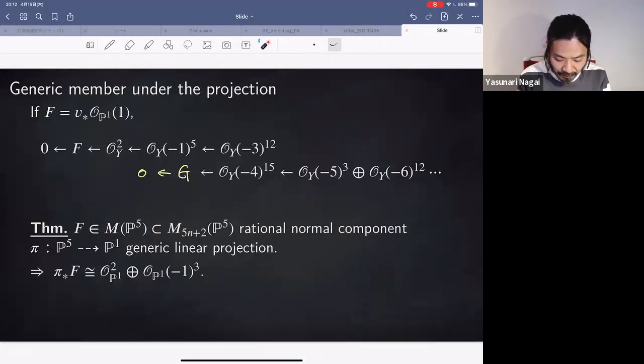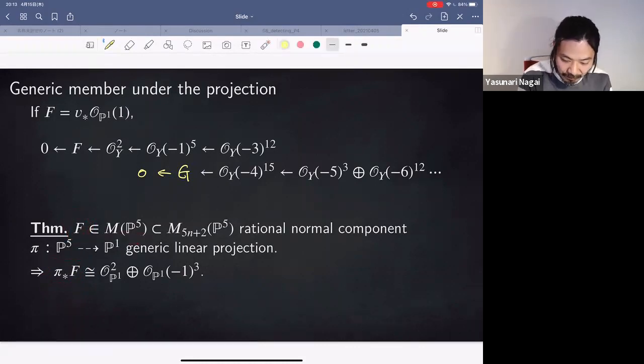Then take a generic linear projection to P1, and we push forward this sheaf on this P1. Then we can show that this push forward sheaf always has this splitting type. There are several numerical possibilities of the splitting type, but we can show that the push forward is always of this type, as long as the sheaf is in the rational normal component.